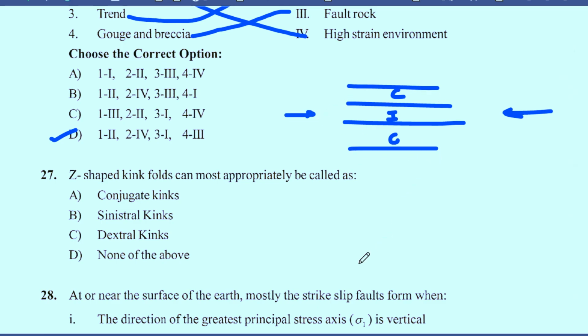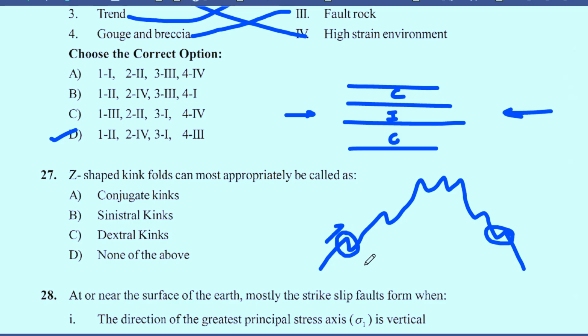We are getting it like this, the incompetent layer behaves like this. If we look at this part, from this we can get a sense of shear. We are getting Z here and S here. Where this angle is going, we will mark our arrow like this. From that we can get our shear sense. Here it is like this.